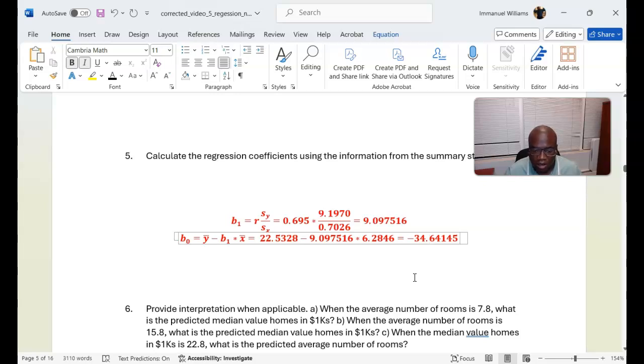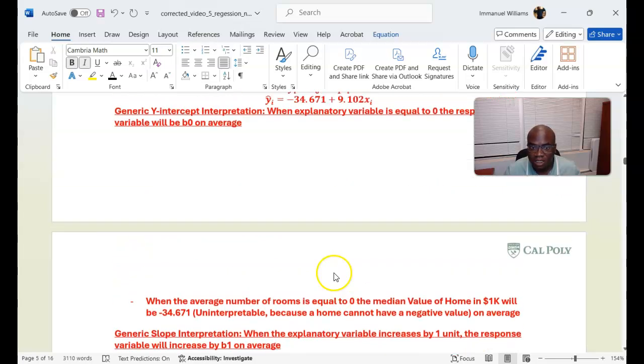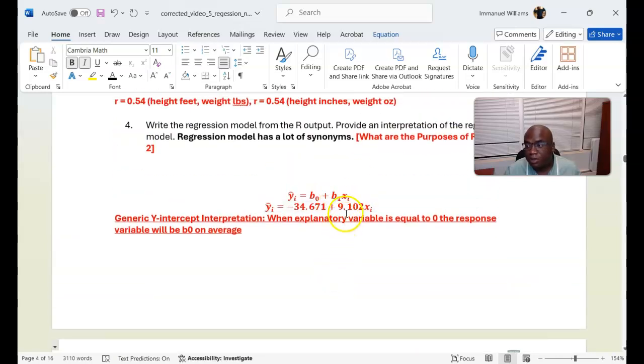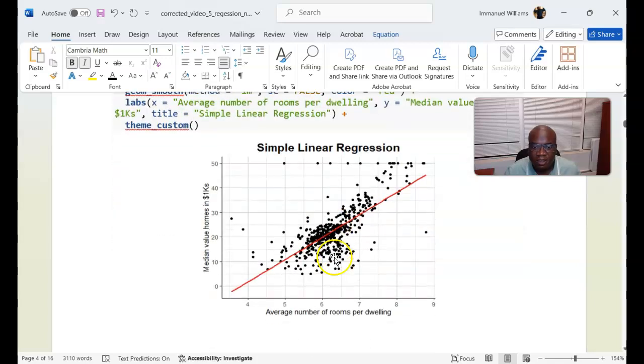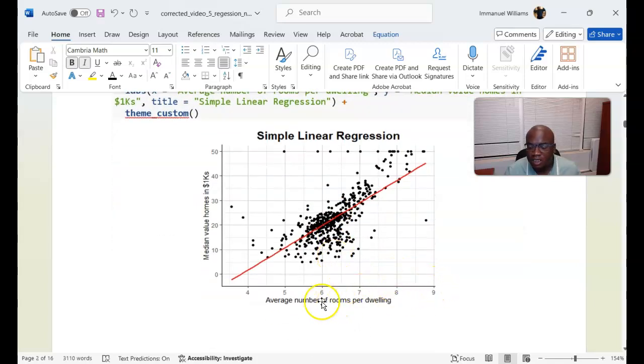This is a long question. It says when the average number of rooms is 7.8, what is the predicted median value of homes in 1,000s? What you need to do is take 7.8 and ideally plug it into this equation. But you should be wary. You should always double check that 7.8 is within the min and max of your explanatory variable.